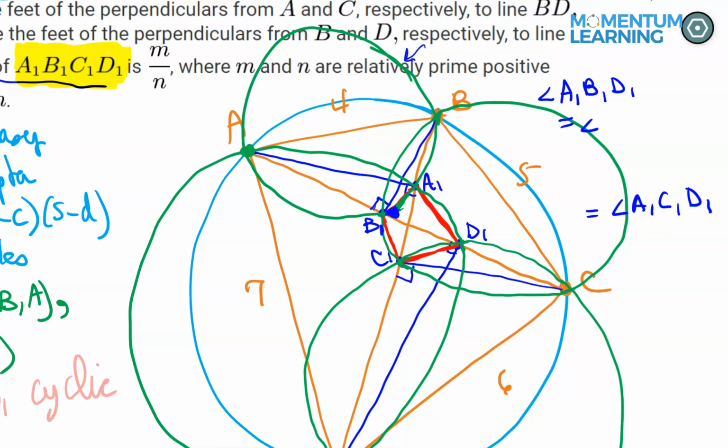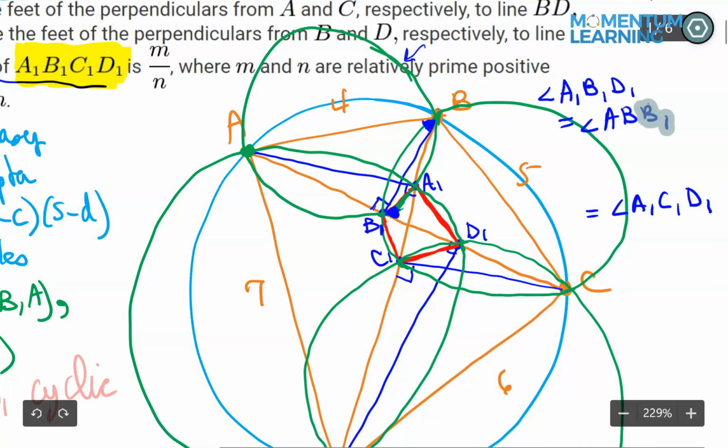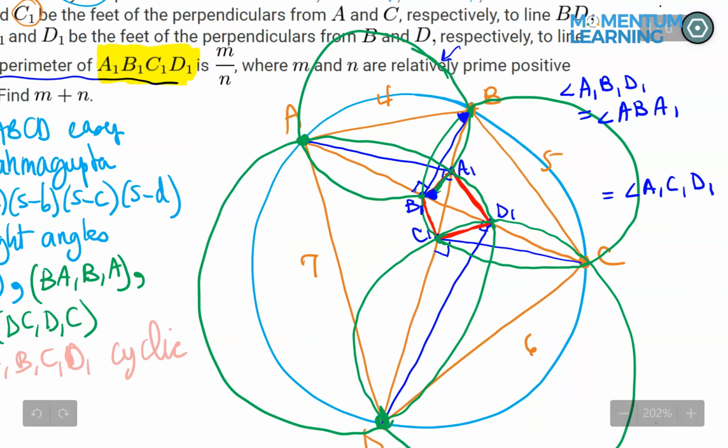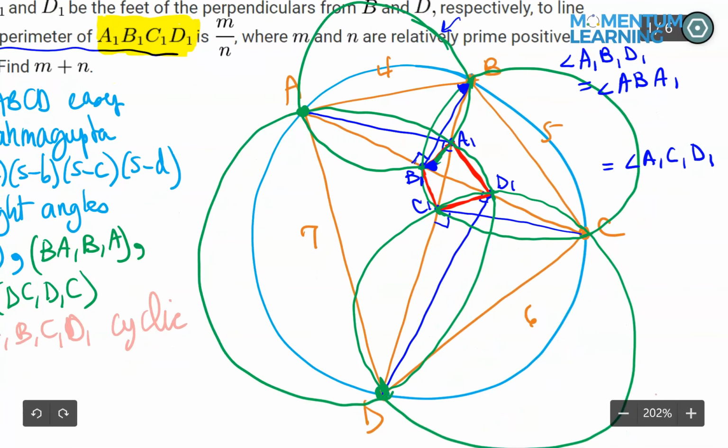As a result, that angle is the same as the interior opposite angle A B A1. Sorry, I should have said A B A1, not A B B1. Yes, A B A1. But A B A1, now that's the good deal. A B A1 is the same thing as A B D.